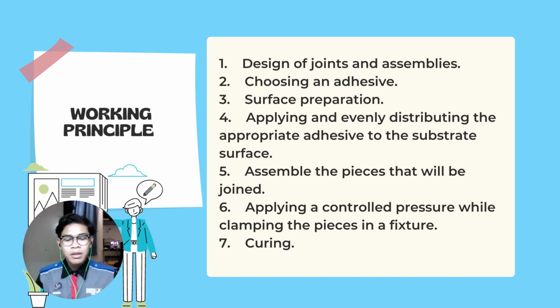Fifth, assemble the pieces that will be joined. Sixth, applying a controlled pressure by clamping the piece in a fixture. And the last one is curing. The molecules of the adhesive are cross-linked during the curing phase to create a solid adhesive junction. The method of curing depends on the type of adhesive.